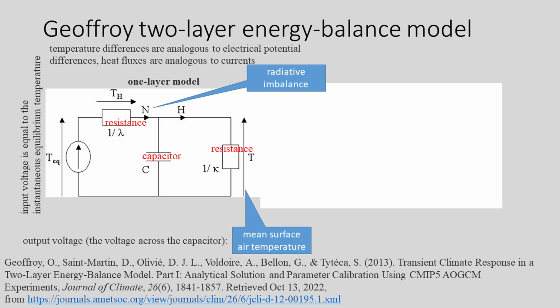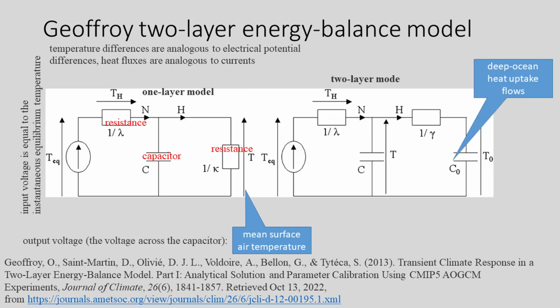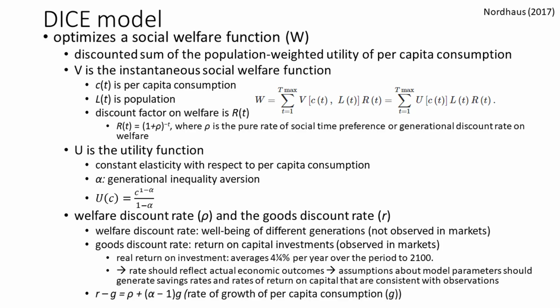But this is the one-layer model, and then there is the two-layer model. So that's why they were able to say that not just rocks and stuff are heating up, but also deep ocean heat uptake flows can be affected. Okay, so after that they were building up fancy equations based on this.